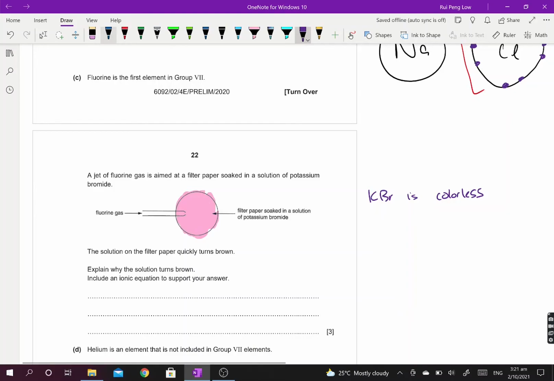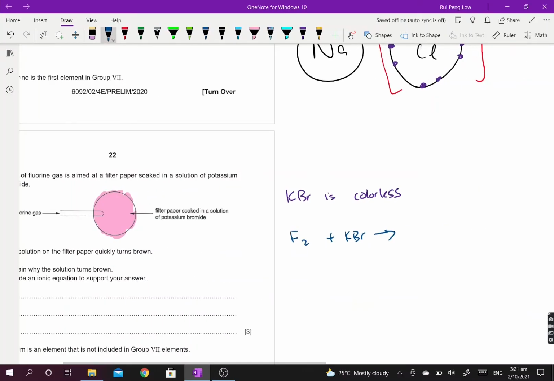It's because fluorine gas plus KBr, you have this reaction: KF plus Br2. Okay, so what happens is, this is what we call the displacement reaction.